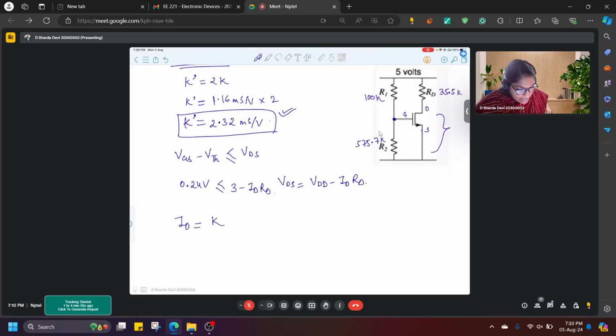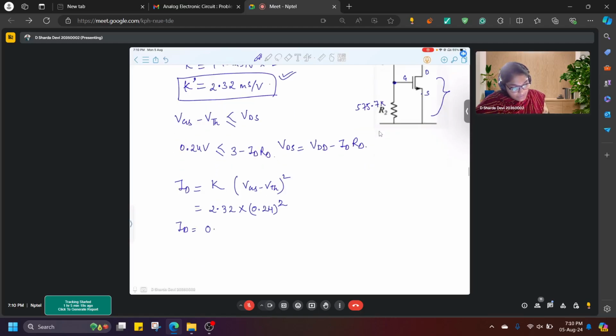It is K into VGS minus VT squared, so 2.32 into 0.24 whole squared. ID comes out to be 0.1336 milliampere. This is the ID that we get for the new K dash.